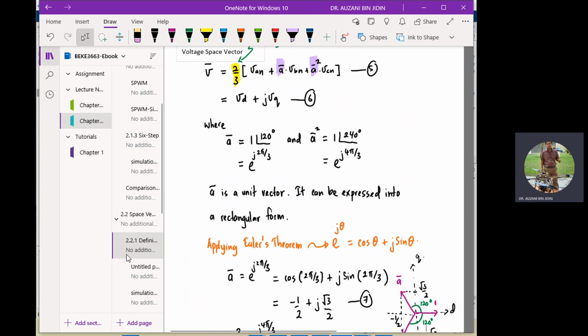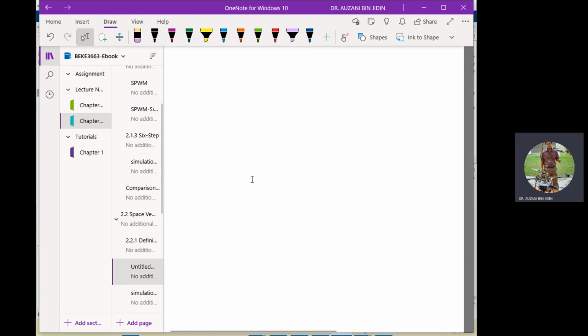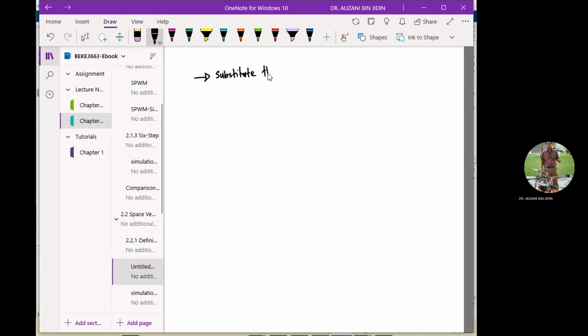Then you have to substitute. Sorry. Okay. This equation, substitute the rectangular form of unit vector A into 5.